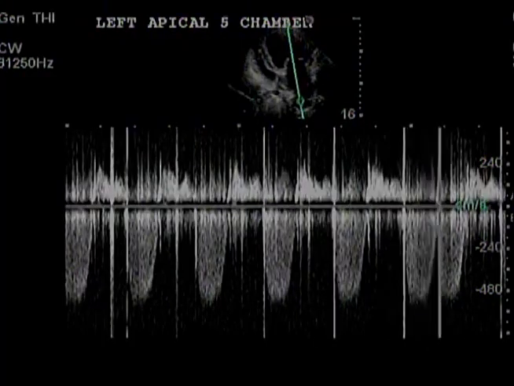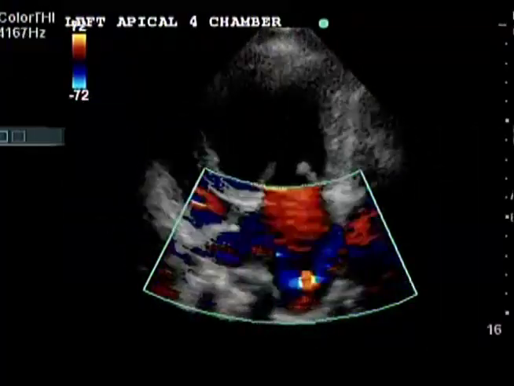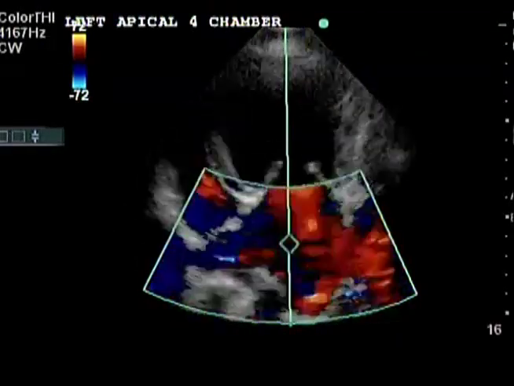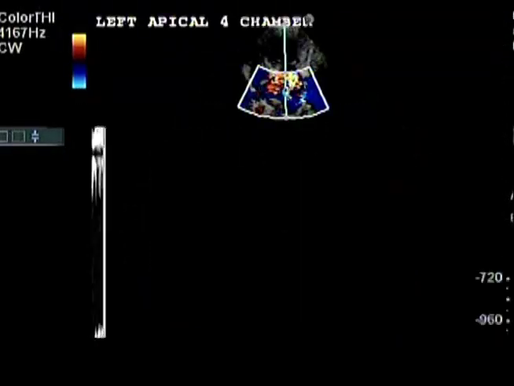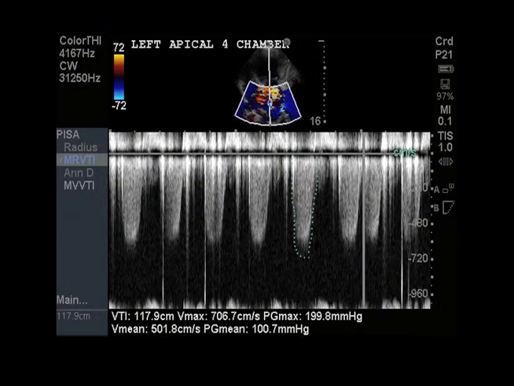In this case, automatic use of the simplified Bernoulli equation by the ultrasound machine results in an overestimated pressure gradient that is higher than the patient's measured systolic blood pressure.